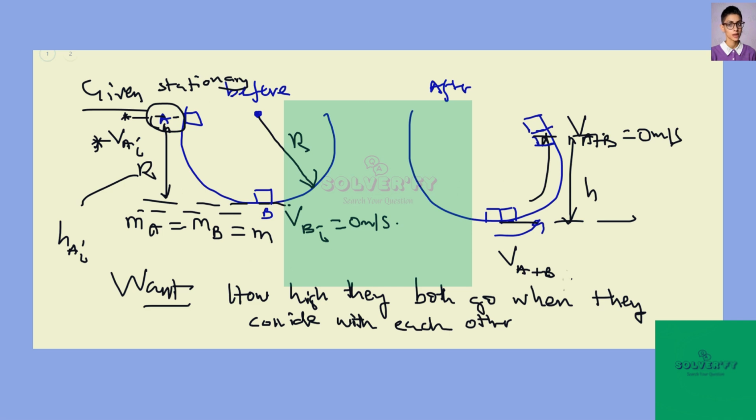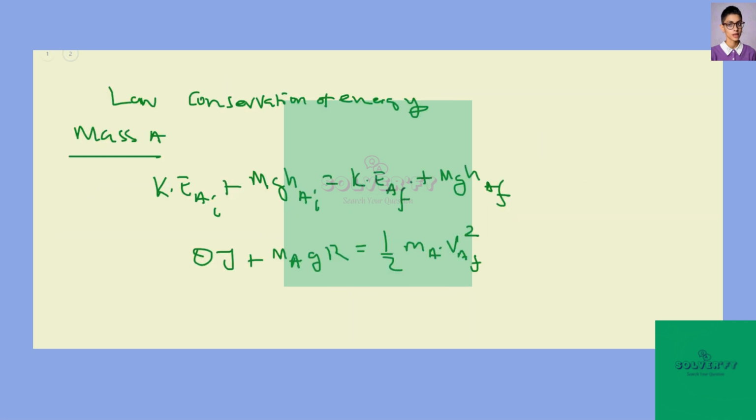Just before it collides, A has a final velocity. And then A and B will have an initial velocity, and A and B will also have a final velocity. So that's kind of what's happening in this problem.